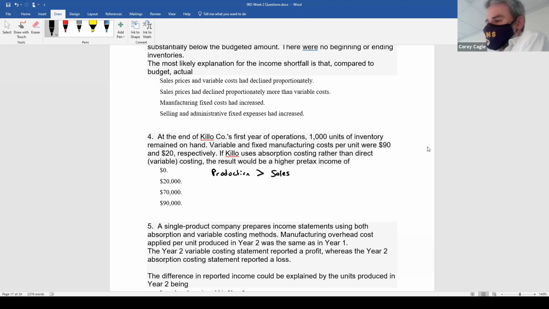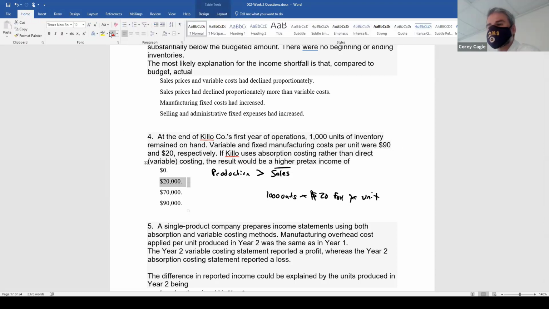They already tell us higher, so we don't have to even answer that part. How much? Well, it'd be 1,000 units times the $20 fixed overhead per unit. So $20,000, right? So more of the same.